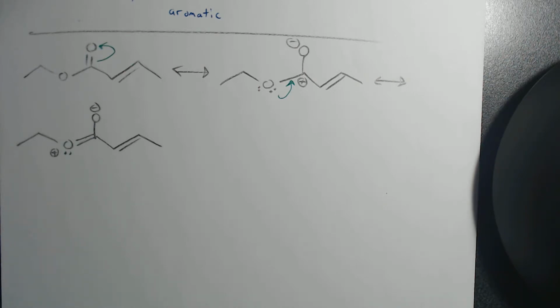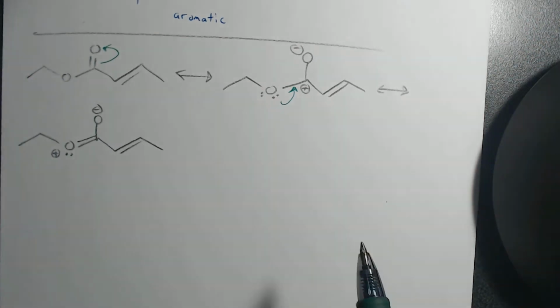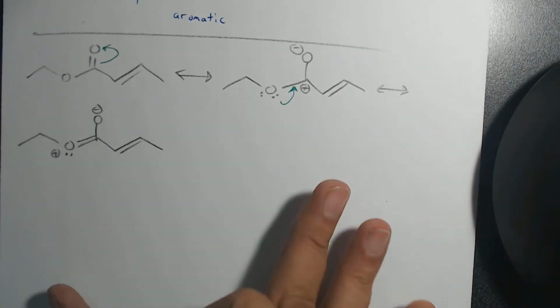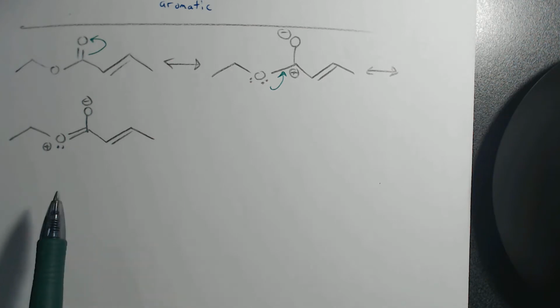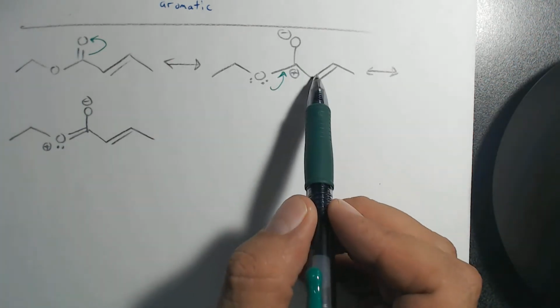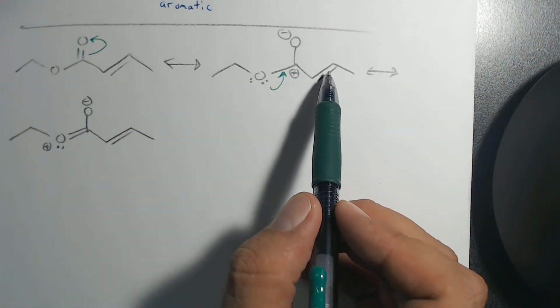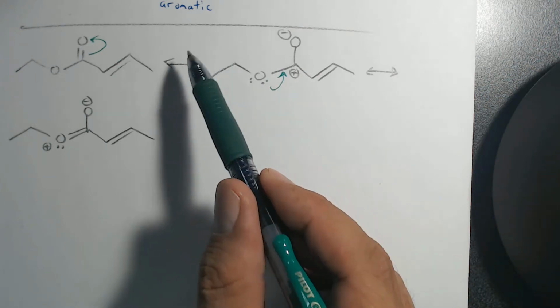Okay. Where do you guys think we should go from here? Any ideas? Have it go towards the left? Yep. If you're unsure, basically from this structure, what we're going to do is move this double bond over instead, as I'm going to do down here.